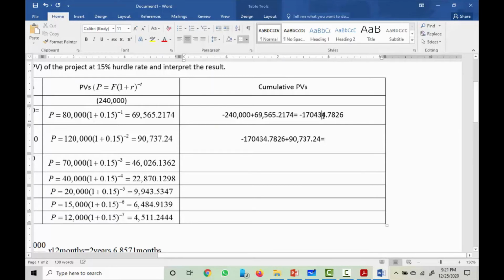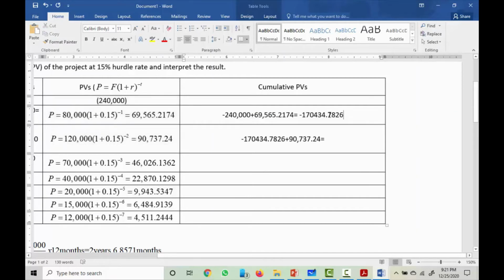737.24 taka. So now we need to add these one and these one. When we add these, we are actually adding all these three present values.